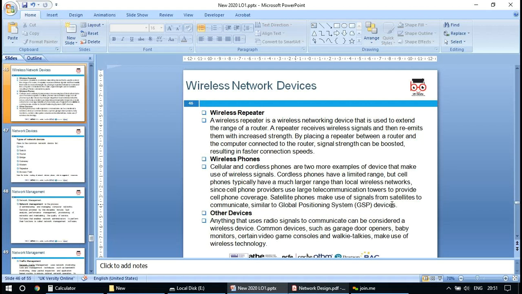Any other device which uses radio signals to communicate can be considered a wireless device. For example, a washing machine that has technology where you can control it is a wireless device.